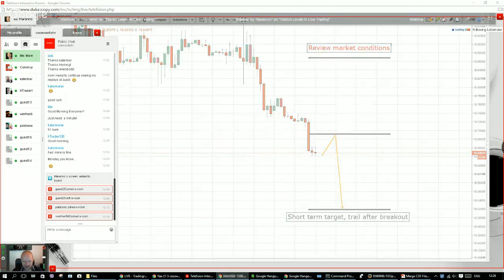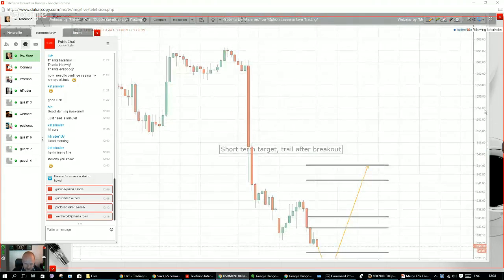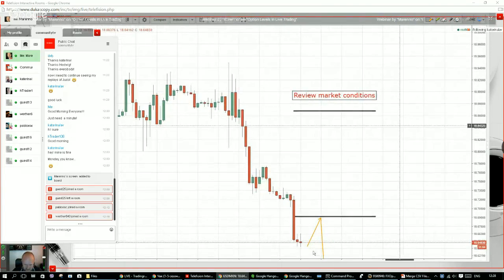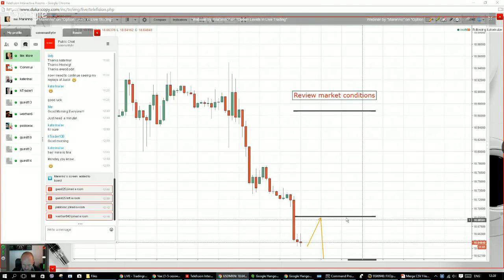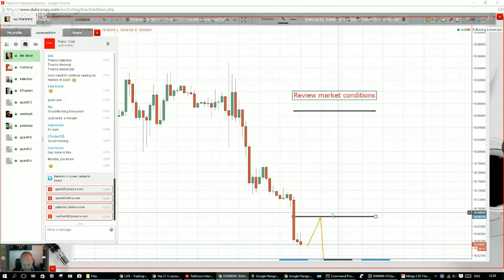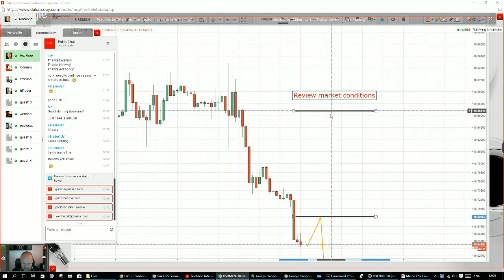Okay, so again, I do believe that the price will continue its down movement. We might have a bounce, of course, off here. So for now, I'm waiting for a retracement towards 18.69159. Then I will try to sell it around this area. It will be my first try, and I will review market conditions just above this level here, 18.86792.